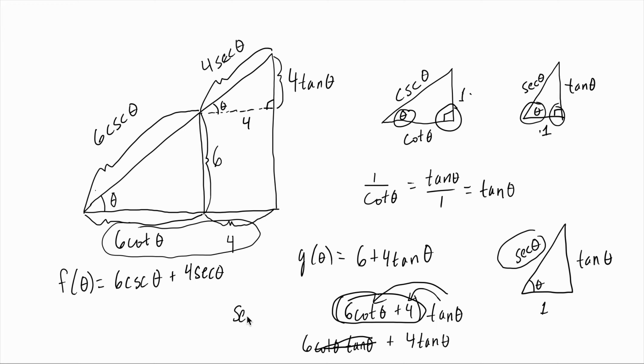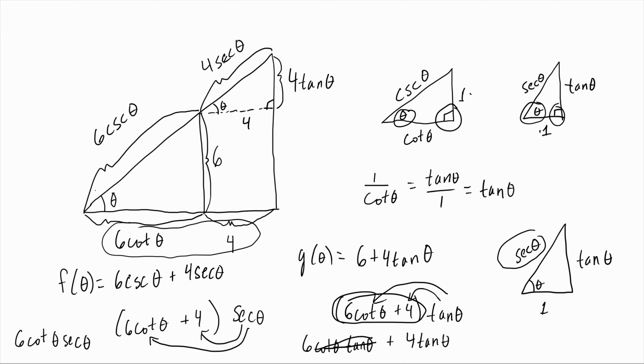So we get secant theta times 6 cotangent theta plus 4. Now notice when this multiplies through 4 secant theta, hey, that's what we have here. Then we multiply it through, we get 6 cotangent theta times secant theta. Now, let's think about that.